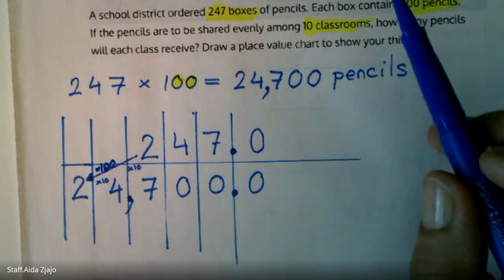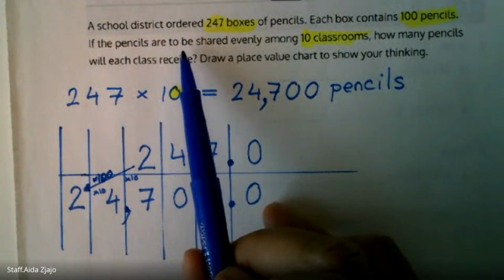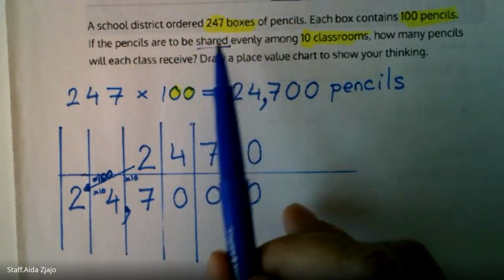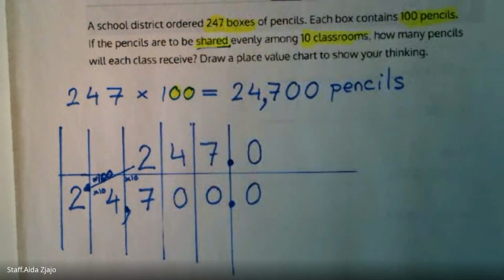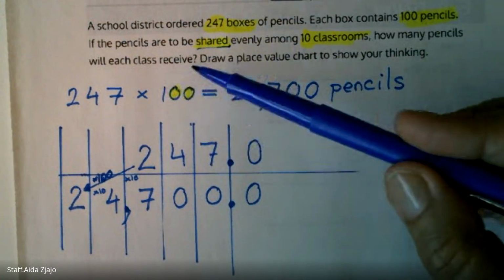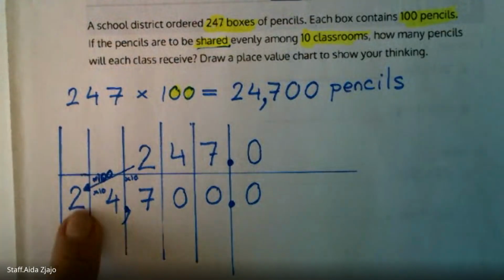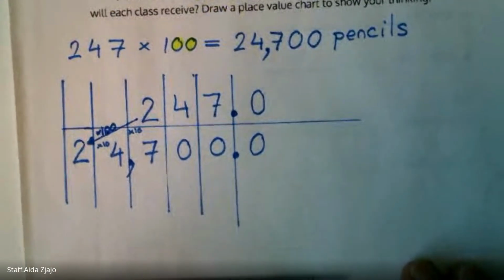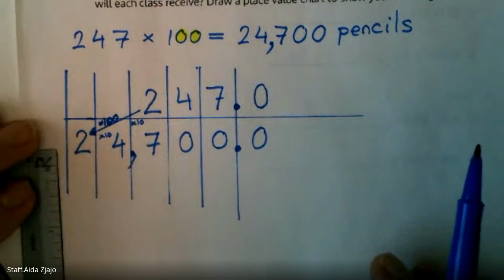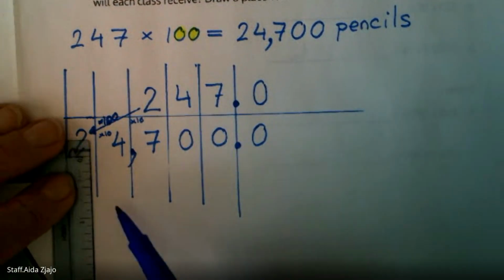But that is just part one. Part two says now if the pencils are to be shared, sharing is dividing, among 10 classrooms, how many pencils will each class receive? So now this is our total of the pencils.